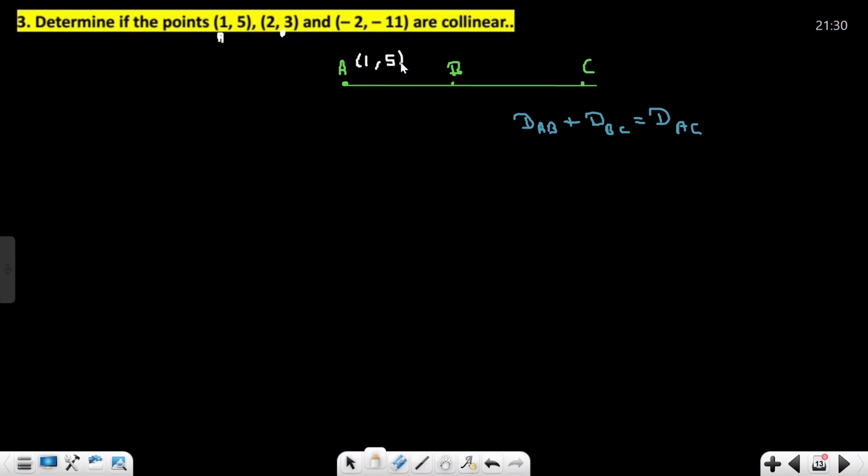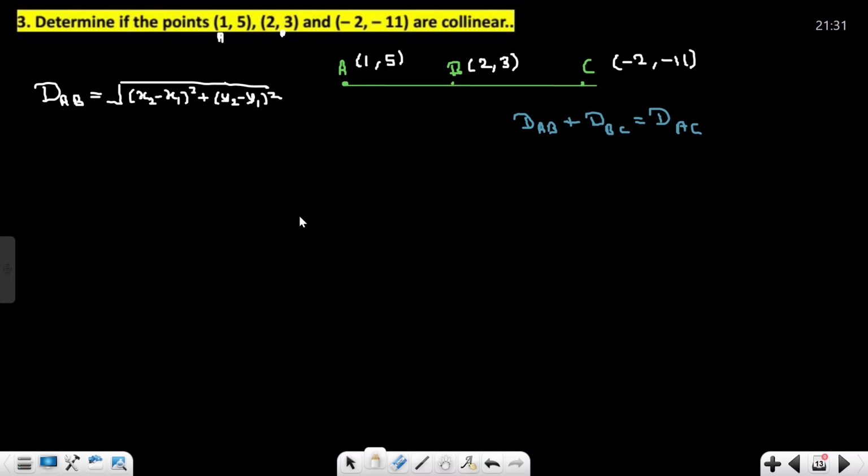A is 1, 5, B point is 2, 3, C point is -2 and -11. So first we find the distance of AB. To find the distance of AB, write the distance formula: x2 minus x1 square plus y2 minus y1 square. So how do we decide which one is x1?